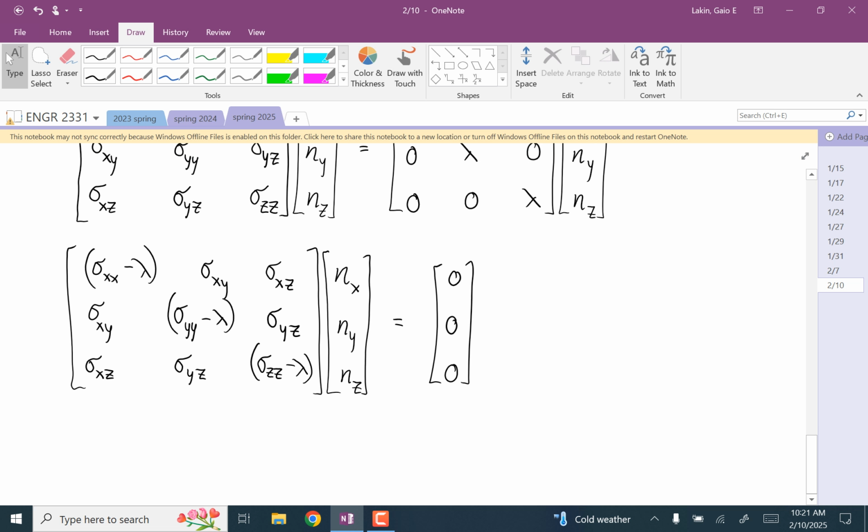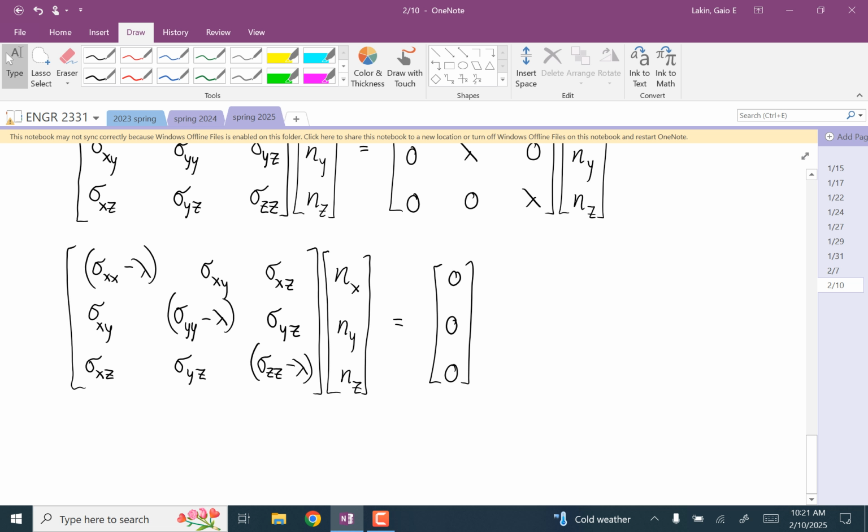And when would this not have a solution? Or I guess really, when would you get a trivial solution out of this? This solution would be useless to us if this matrix had an inverse, okay?